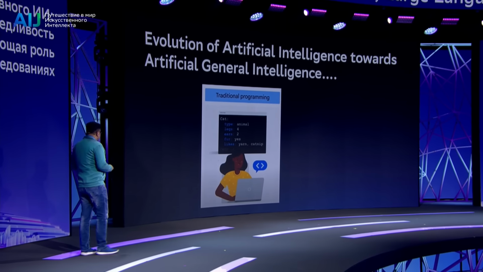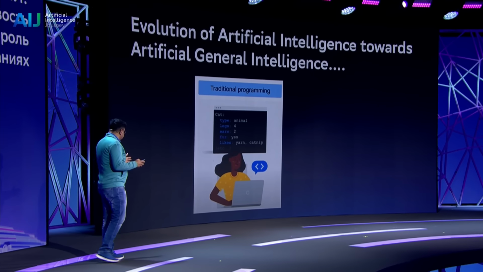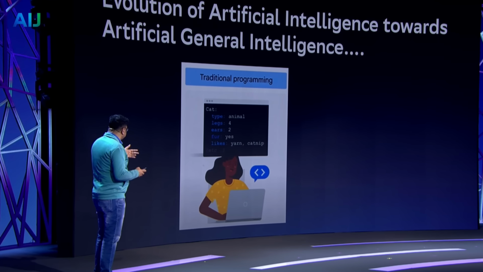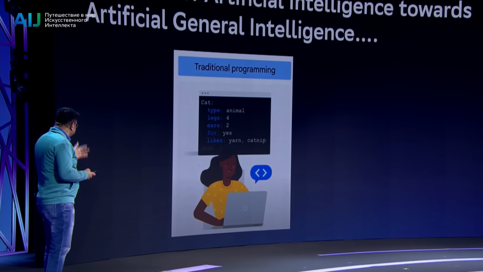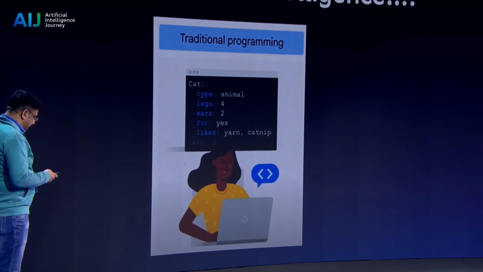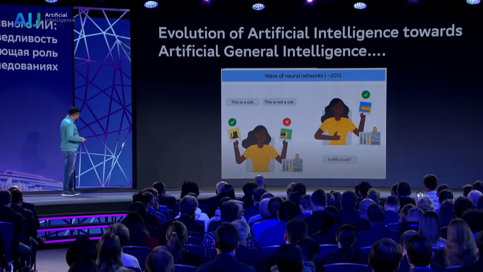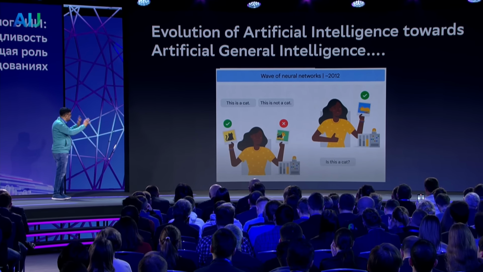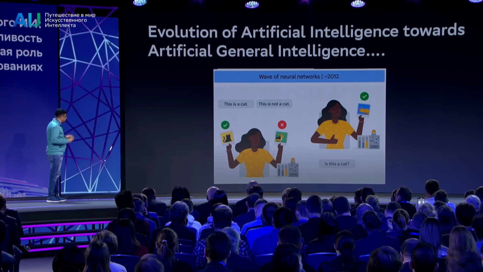Traditional programming was a smart human being sitting there who would write all these rules and encode them through if-else patterns in code, like if an animal has 4 legs, 2 ears, fur, whiskers, it's a cat. Then from 2012, there came the wave of neural networks. In that wave, you need to show a machine learning model photos of millions of cats and dogs and other images.